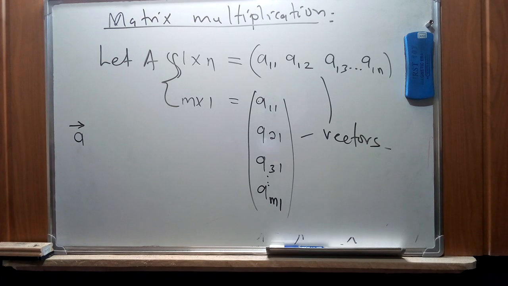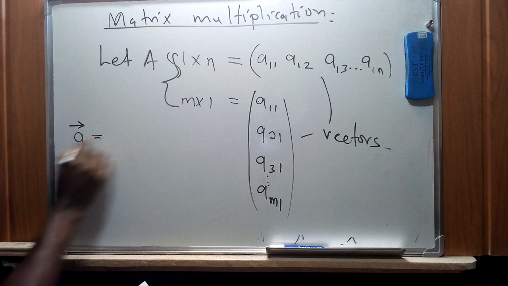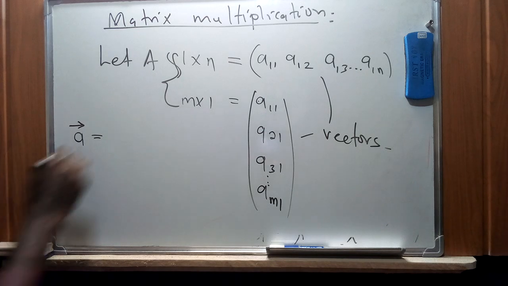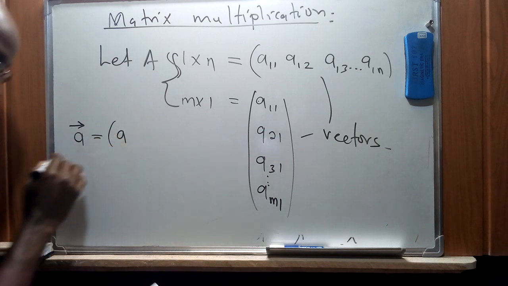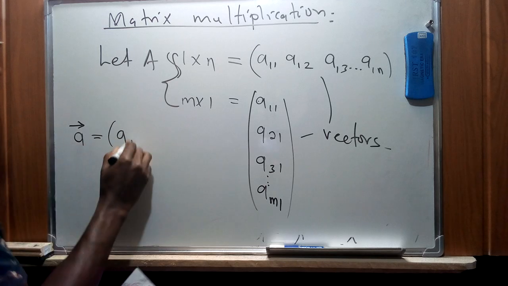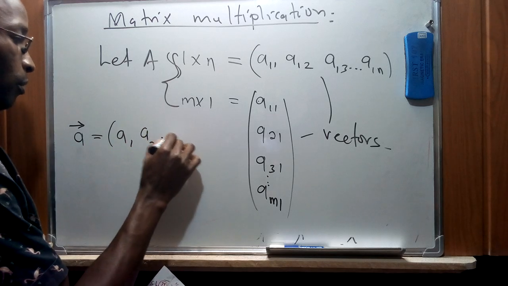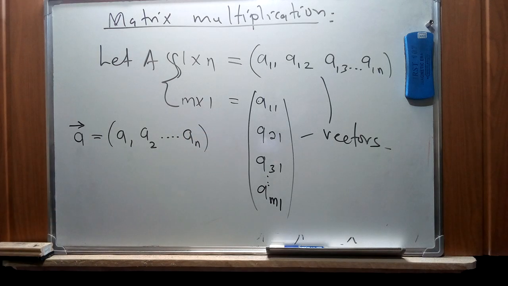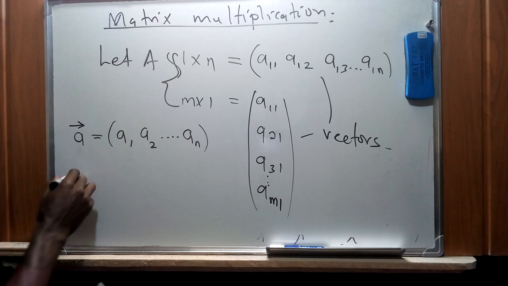If A is a representation of a vector, we can give it as A1, A2, up to An, a vector of size n.